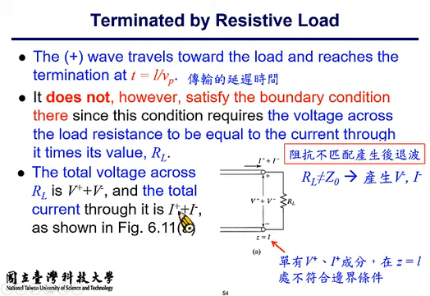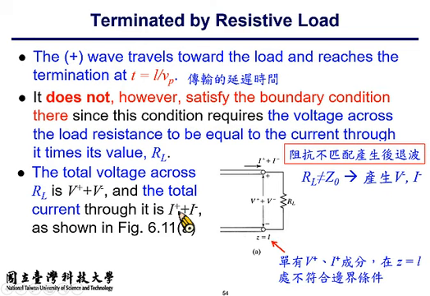Therefore, to satisfy the boundary condition, when the I plus and V plus signals reach the right end, they shall produce a reflected signal, say V minus and I minus.